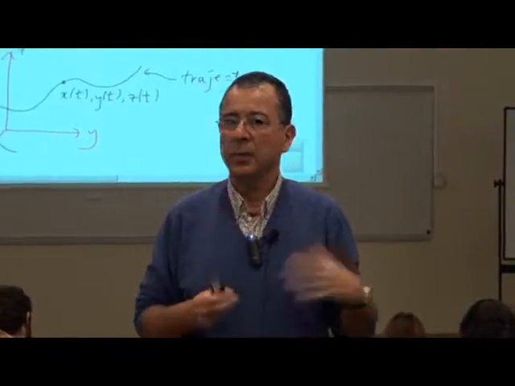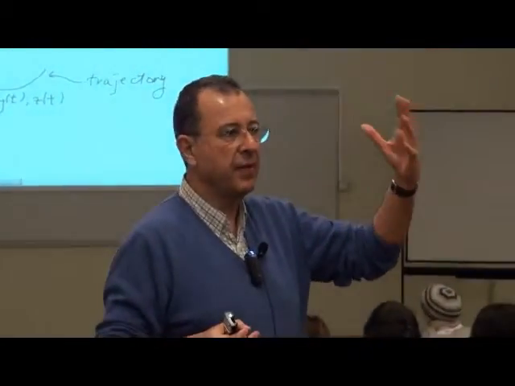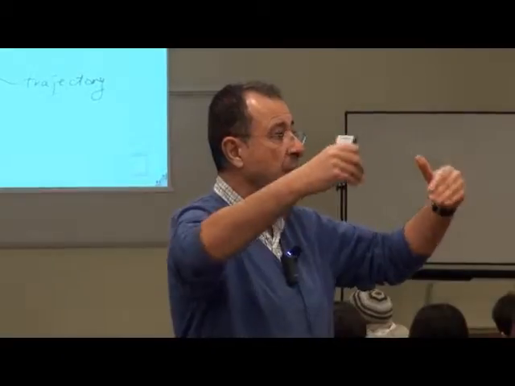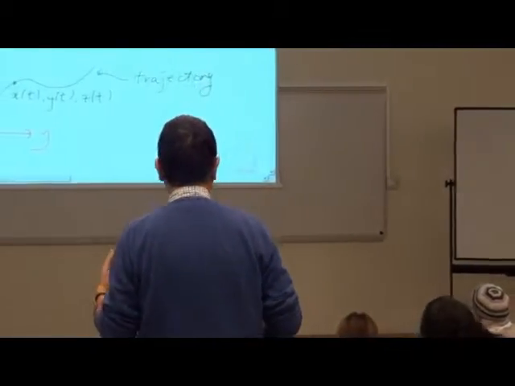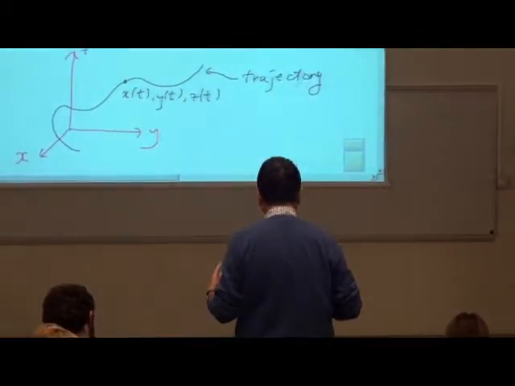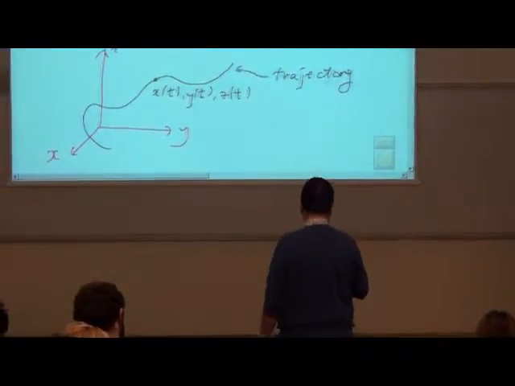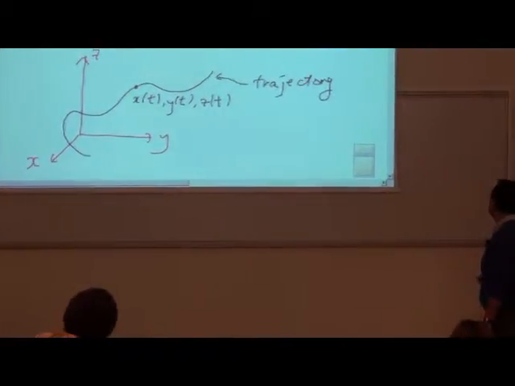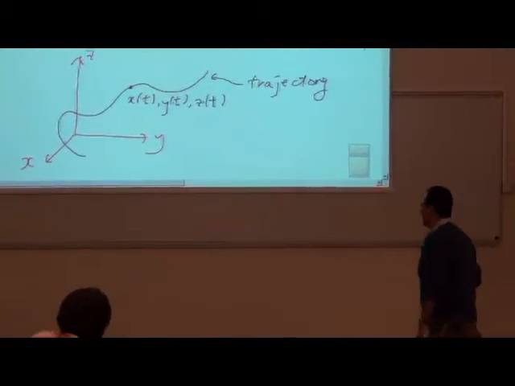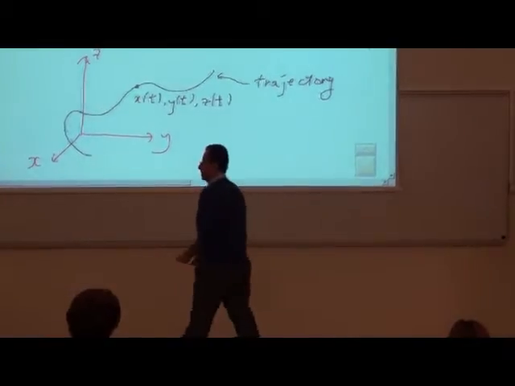Okay. So mathematically we have just x, y, z, and these are changing as time goes on. X, y, and z, the coordinates, are all functions of time. And as time goes on, the point moves along, and we call this the trajectory.